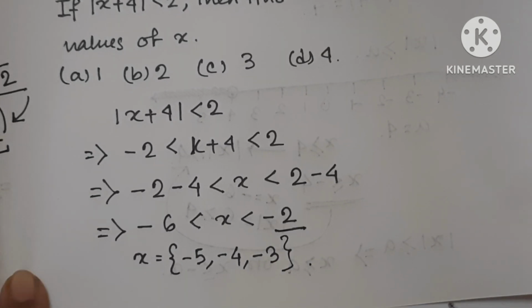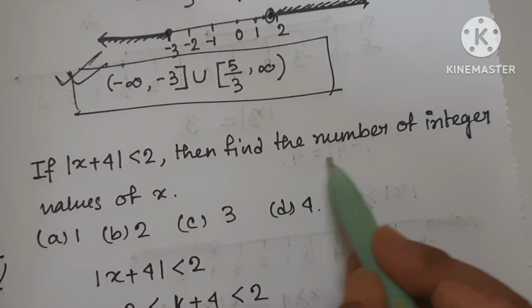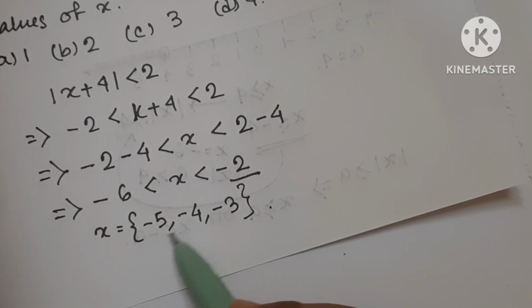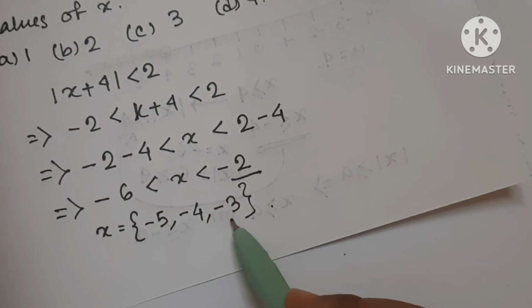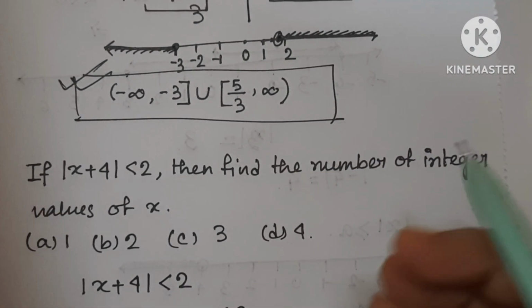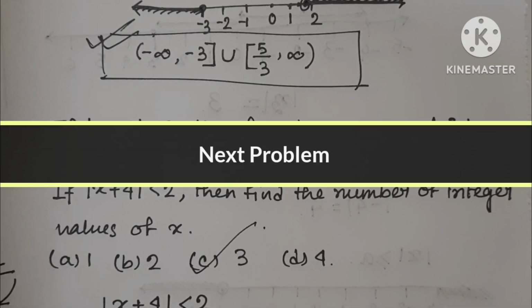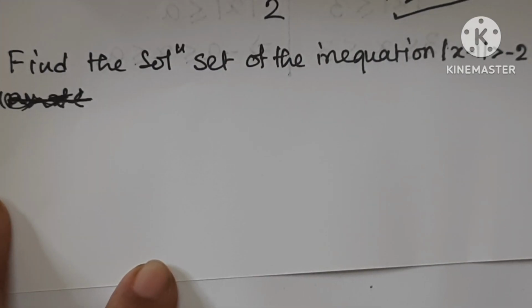Number of integer values, see the question, find the number of integer values, so it will be minus 5, minus 4, minus 3, so that means 3 values can come, so which option will be correct? Definitely option C.